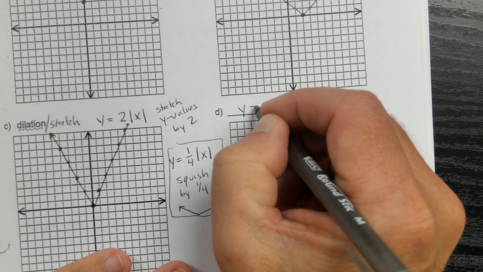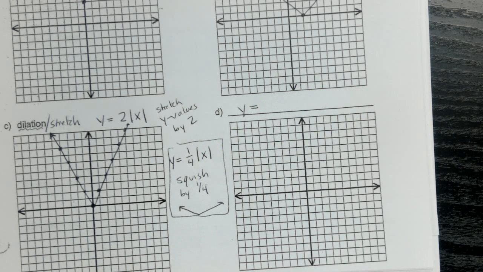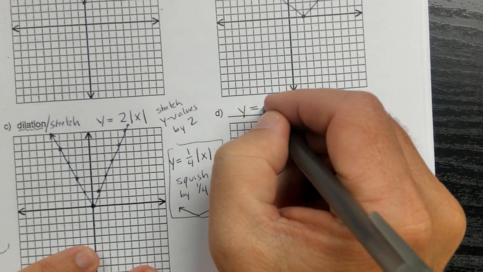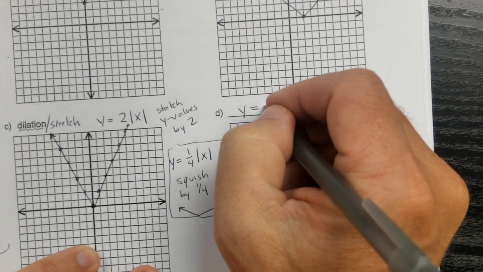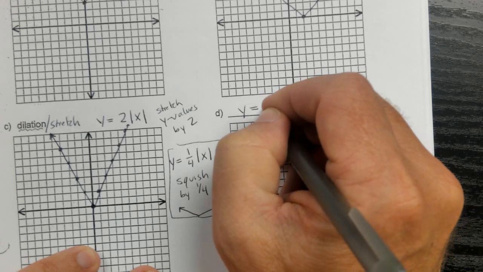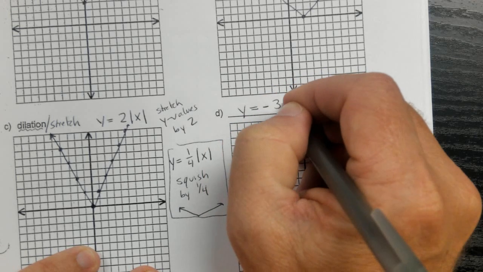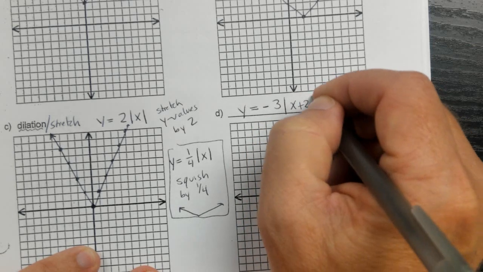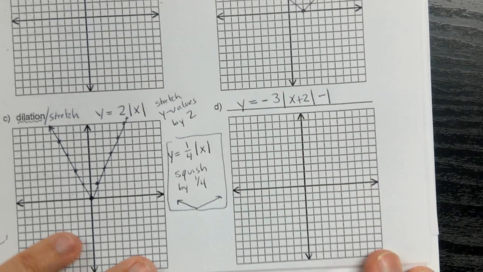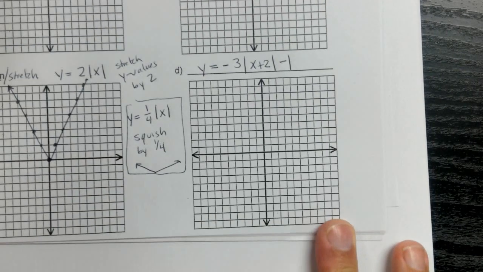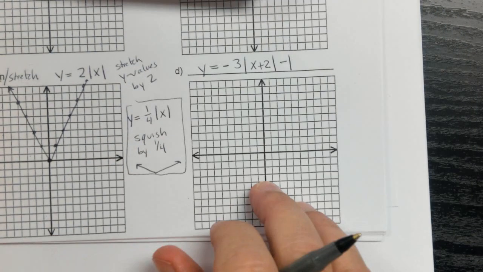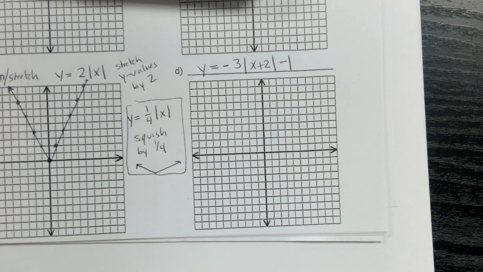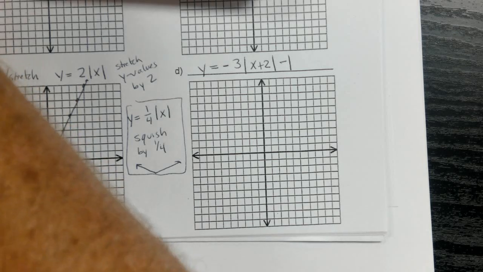All right, for this last blank, we're going to try to throw everything in together. And I'm going to add one more thing because I'm sort of out of spots here. So let's do negative, that's the new thing, 3, absolute value, x plus 2, minus 1. All right, well, let's take these things one at a time before we start trying to graph it.